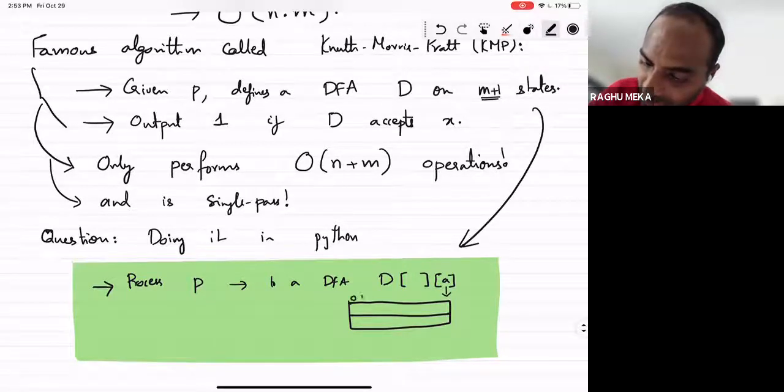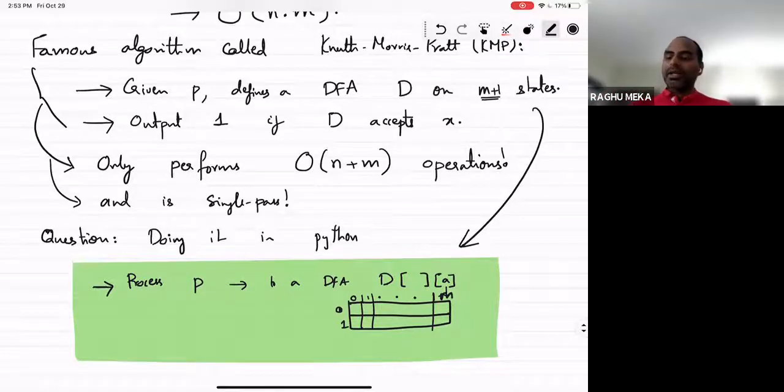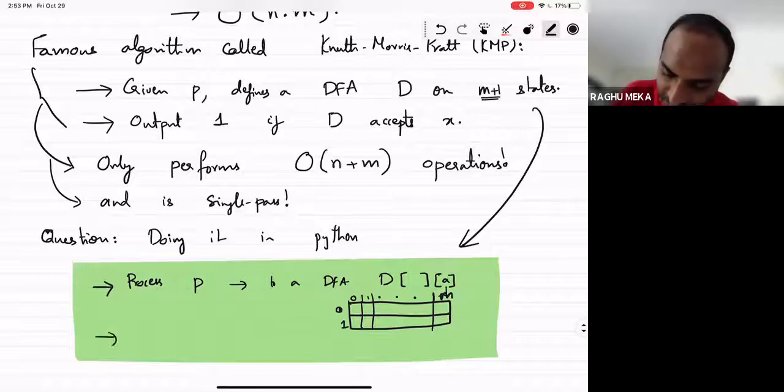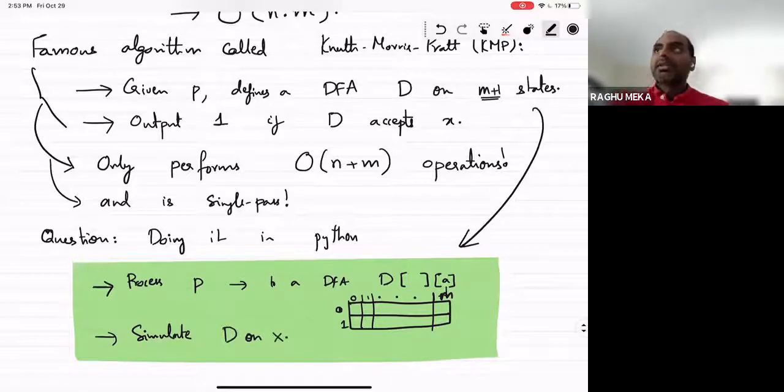So this is 0, 1 up to P, bit 0, bit 1. What are the transitions? Then you simulate D on X, and this you can do easily by a simple for loop.